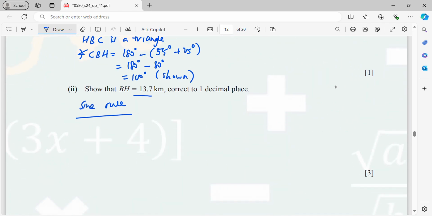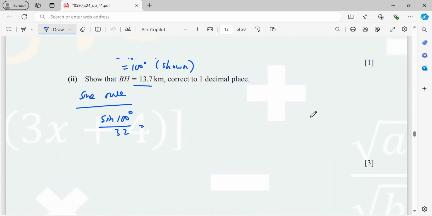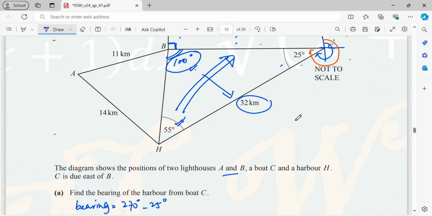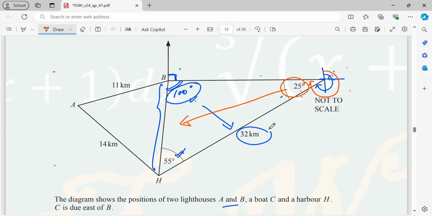I ignore the kilometers, so I write sine 100 degrees over 32 equals sine 55 degrees over BH. Oh, you need to show BH. Sorry, BH is here. So I will use 25 degrees, yes, correct, because BH is the opposite side of the 25 degrees. So sine 25 degrees over BH.